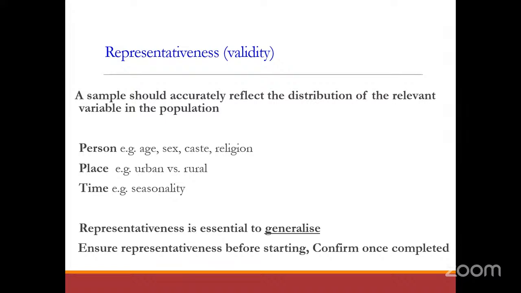We have some diseases in winter season, specific diseases in summer season. So there are different kinds of situations. So we have to collect in such a way, based on the study objective, that the samples should be valid and reliable for our study.